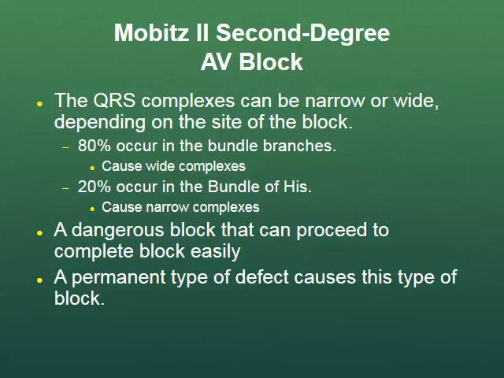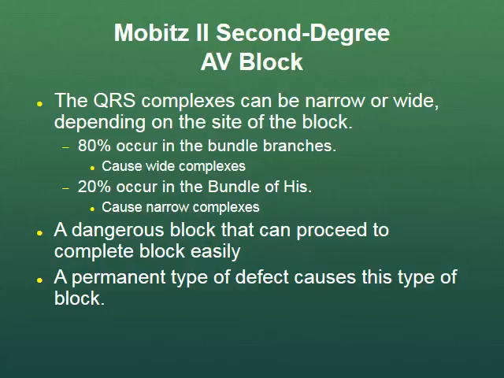In second degree type 2, the QRS complex can be narrow or wide, depending on where the site of the block is. The majority of these blocks are going to occur in the bundle branches, so they're going to have a wide complex. Occasionally, it can happen in the bundle of His, so it can be a narrow complex.